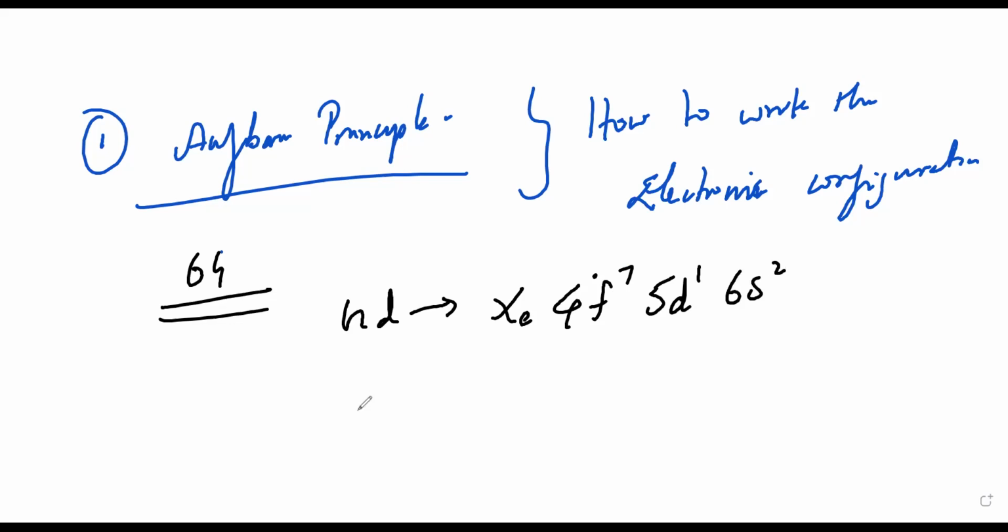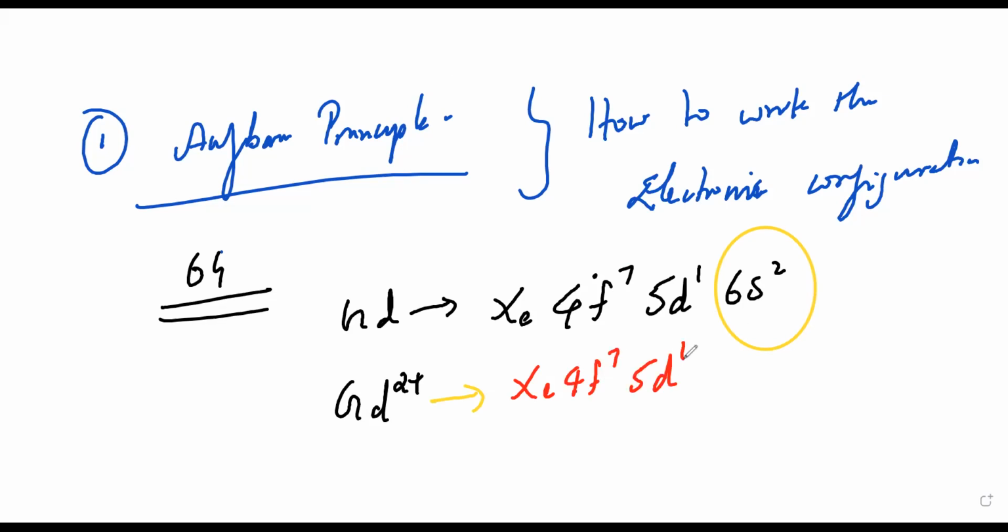So if this is Gd, and if it is Gd2 plus, what am I doing? I am removing this 6s2. Correct? So my answer is Xe 4f7 5d1.